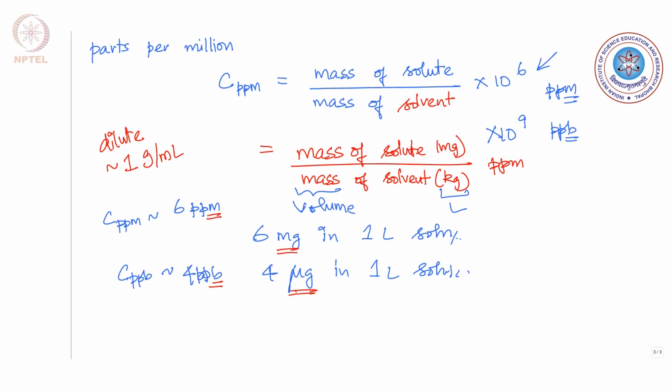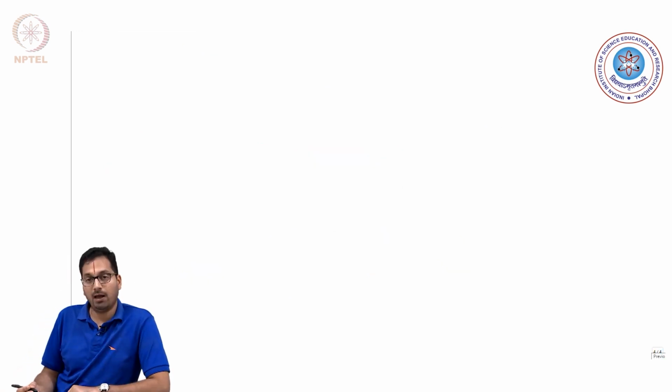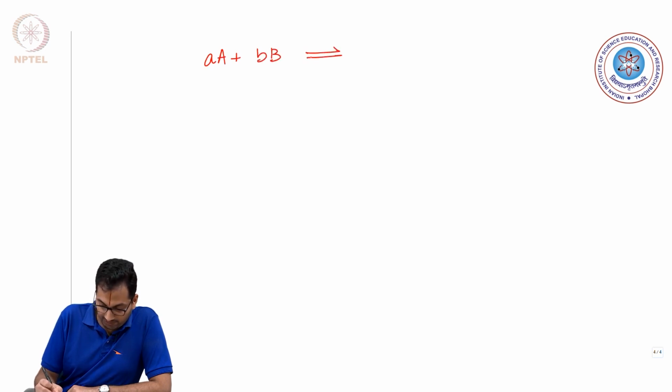Okay, so now that we have seen these two definitions, the next thing that we would be moving towards is the definition of some of the thermodynamic parameters. Before I move ahead, I would like to define what is equilibrium. Let us take a simple example of aA plus bB, where A and B are reactants and small a and small b are their stoichiometric coefficients.